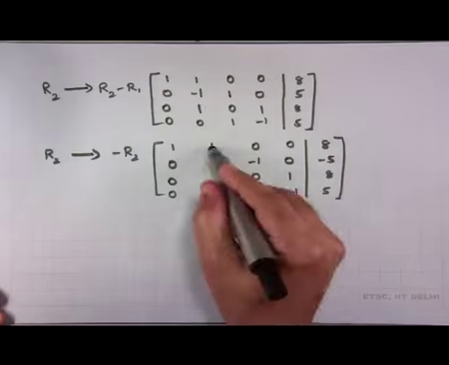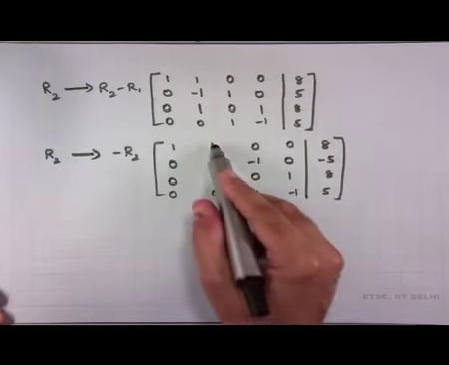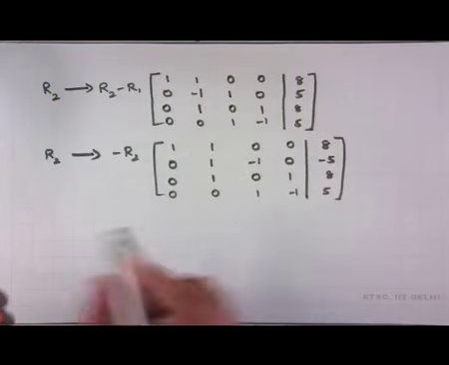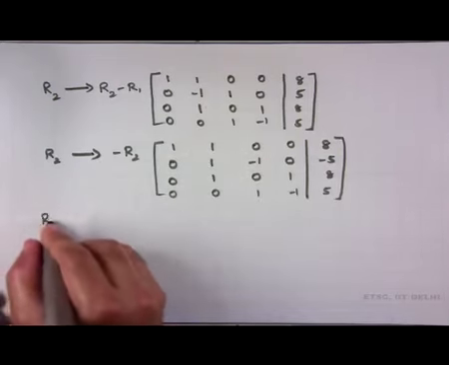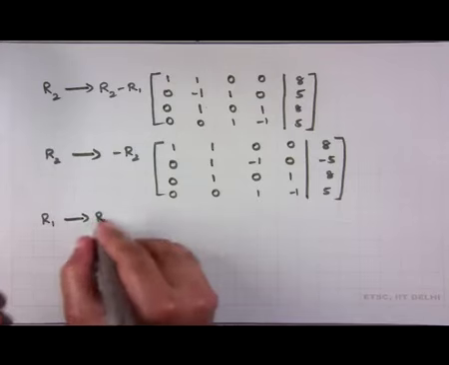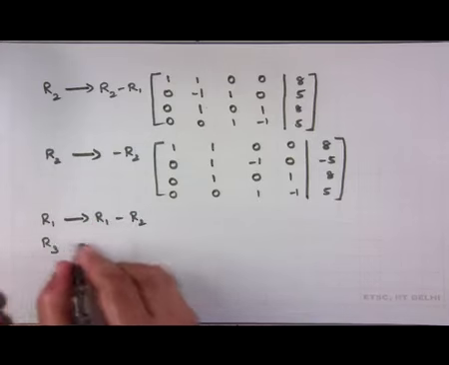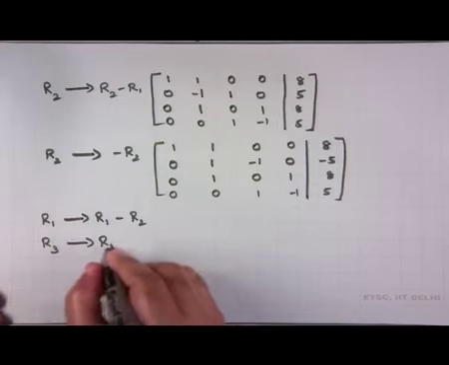Now, we have 1 and 1 on the first and third row on the second column. So, let us convert them into 0. R 1 is replaced by R 1 minus R 2. Similarly, R 3 is replaced by R 3 minus R 2.